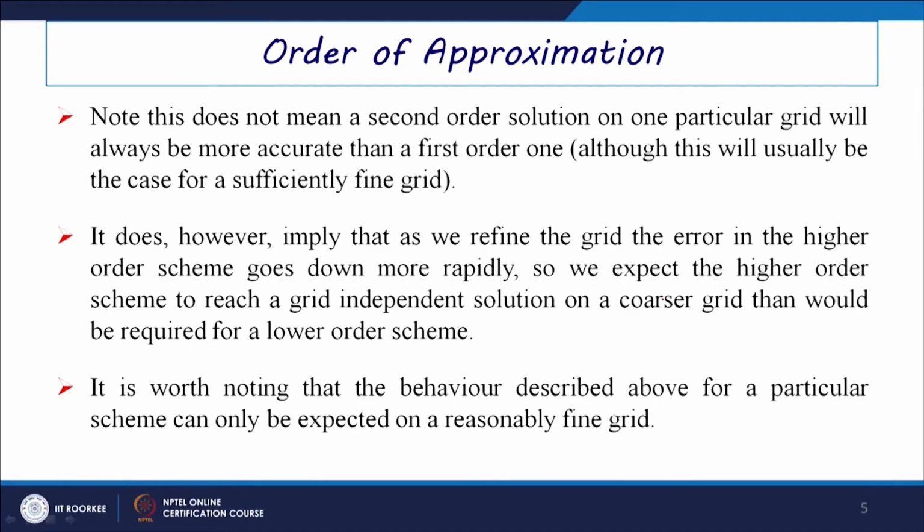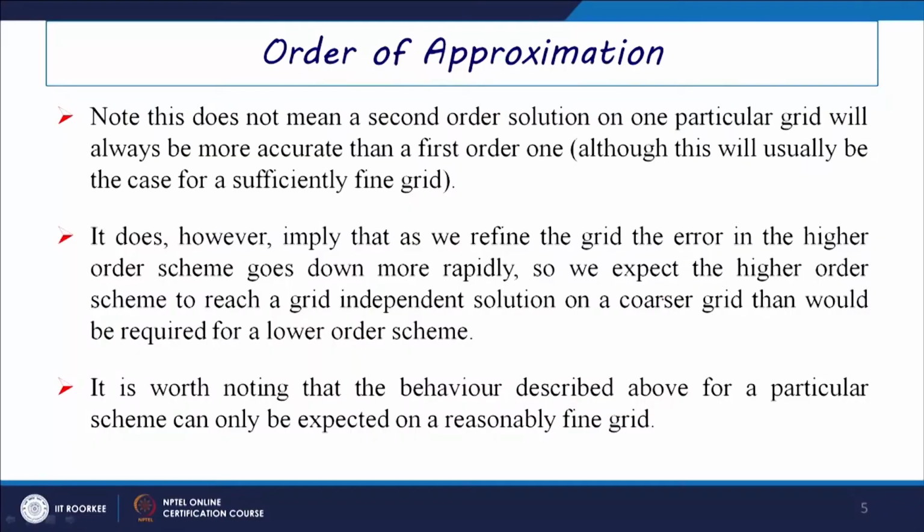So, we expect the higher order scheme to reach a grid independent solution on a coarser grid than would be required for a lower order scheme. Whenever we go for a finer grid solution, the error will reduce faster. But if we go for larger grid lengths, the error will not converge smoothly, and it may take some time to reach that level.